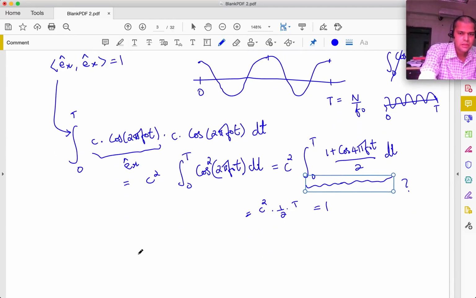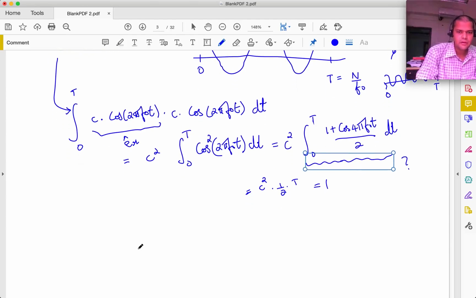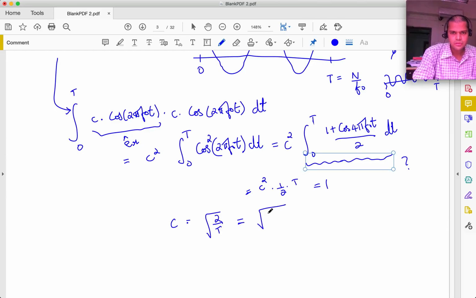So what is c going to be equal to? That's what we were really after. c is equal to root of 2 by T, and we said T is just n over f0. So in the most general case, it's going to be root of 2 f0 divided by n.